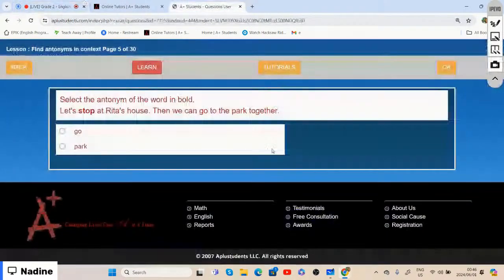Right? Okay, almost done. Let's stop at Rita's house. Then we can go to the park together. So stop. What is the opposite of stop? If you don't stop, you need to go or you need to park.